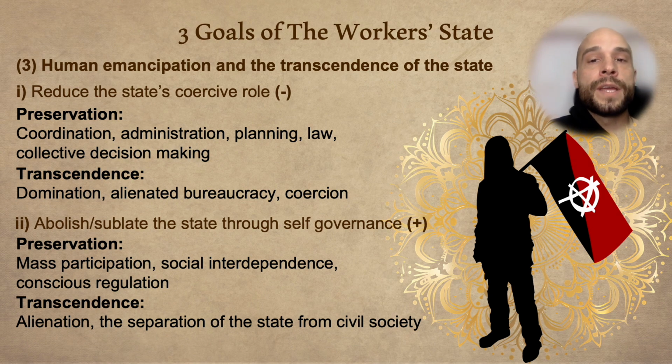The worker state succeeds precisely to the extent that it makes itself obsolete. In Avineri's terms, this is Aufhebung in its fullest sense. The state is preserved as coordination, transcended as domination, and dissolved into collective self-rule.